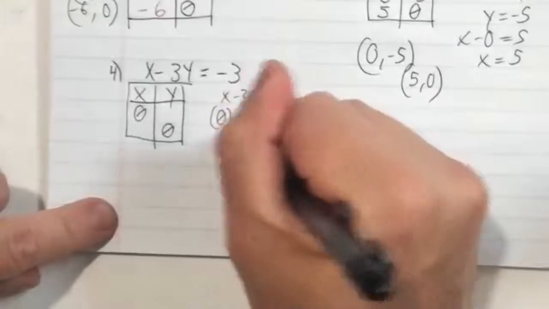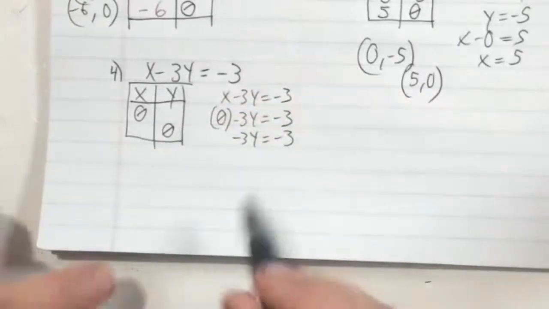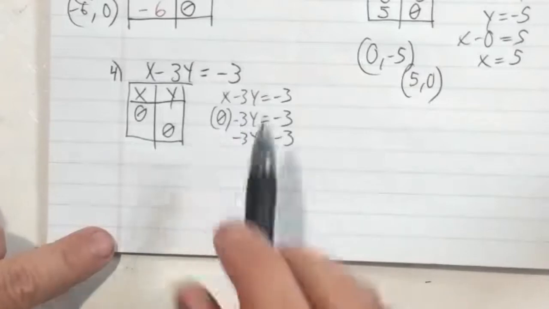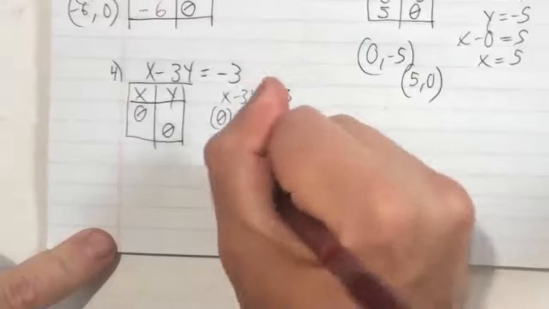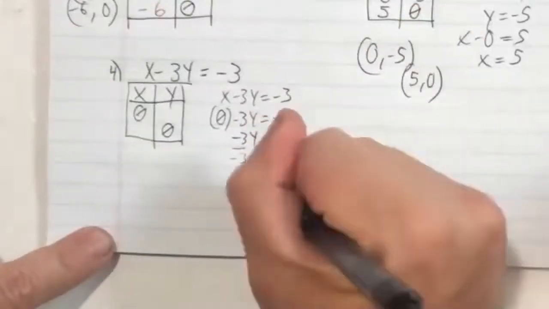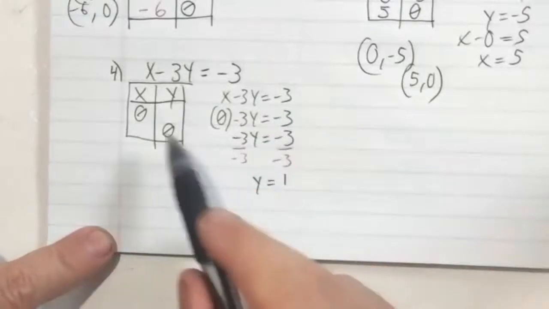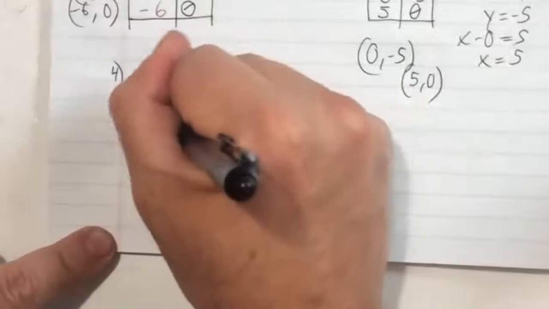All right, then I get -3y equals -3, because the x is basically gone. It's a single-step algebra equation at this point where I divide both sides by -3, and I get y equals 1. So when x is 0, y is going to equal 1.